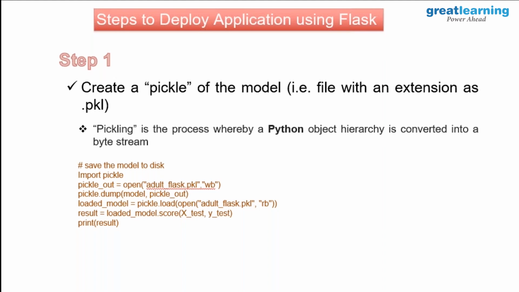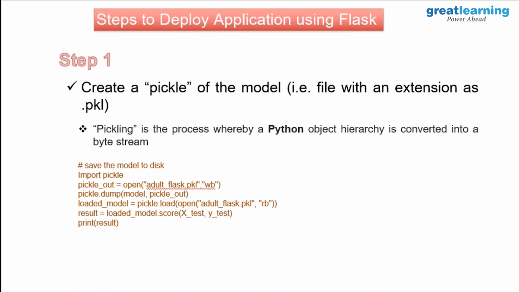Similar to that executable jar file, what I am creating here is a pickle. In a very broad way, you can assume pickling is a process wherein the model which you have created, you are converting that into an object file.